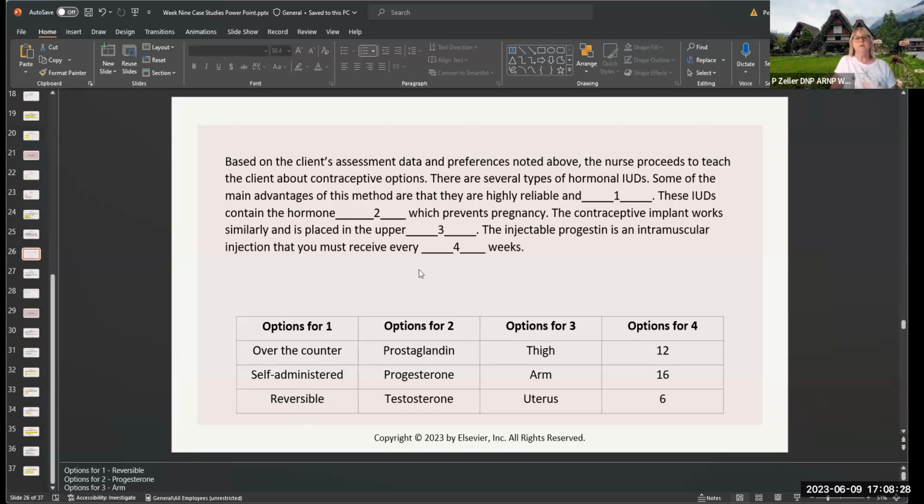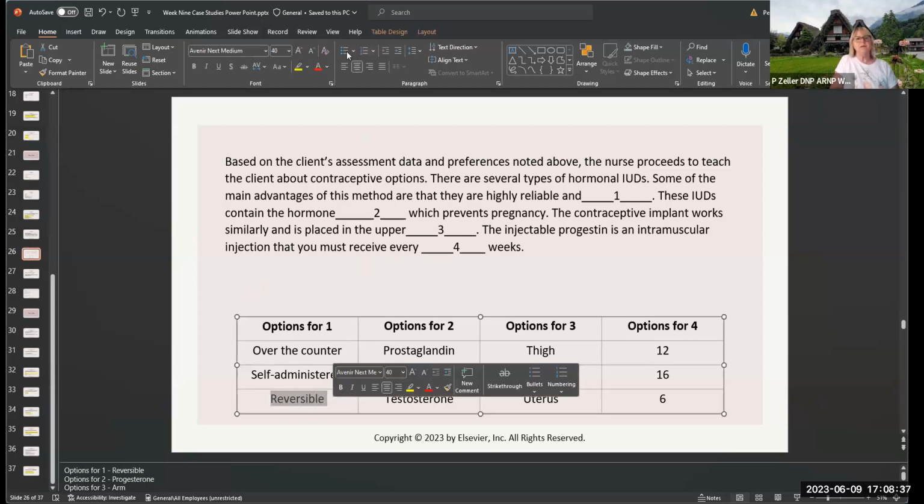So number one, hormonal IUDs are very reliable. Would they be reversible? Reversible, yeah, we'll just take them out. They are inserted into the uterus in the office. We have a device that goes into the uterus and releases the implant.